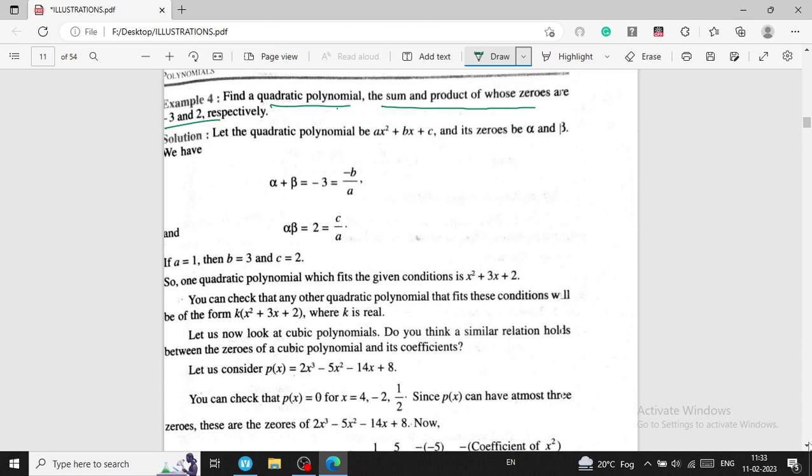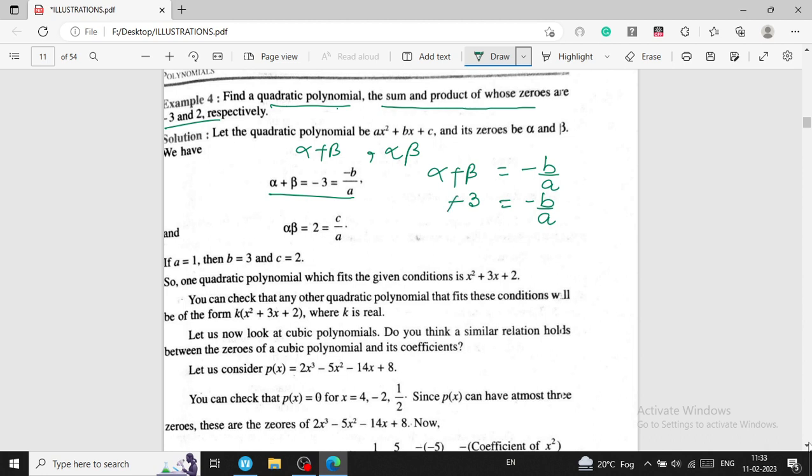Means we have already been given alpha plus beta and alpha beta. First we will write it like this: alpha plus beta is equal to minus b over a. Here it is minus 3, so alpha plus beta is equal to minus b over a.